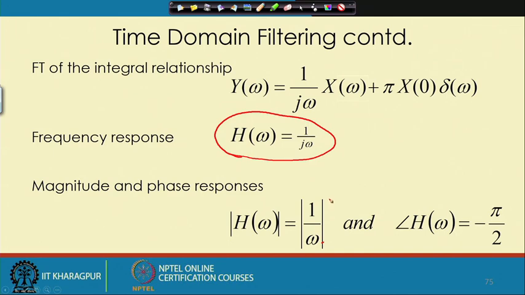So, this gives us one clear indication that the value would be maximum at 0, and as omega increases, it will actually reduce. That means it is a low pass filter, and because of the presence of that 1 by j, we get a constant phase lag of minus pi by 2.